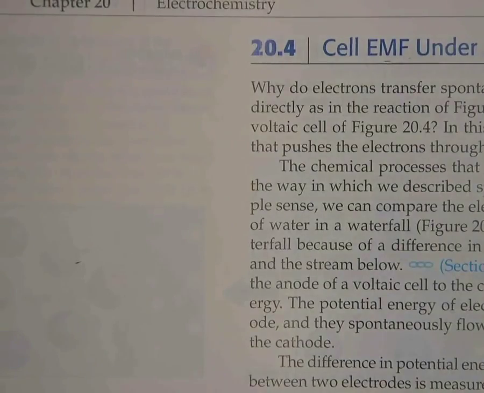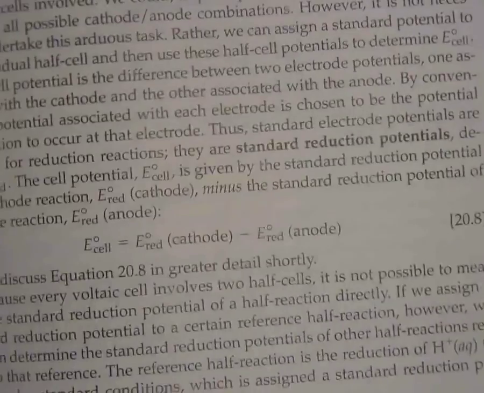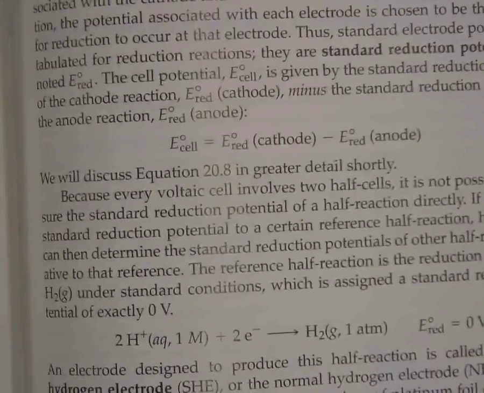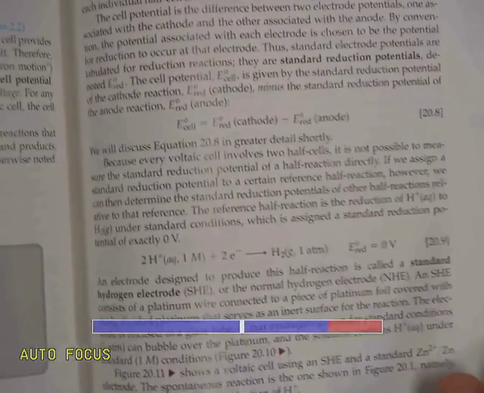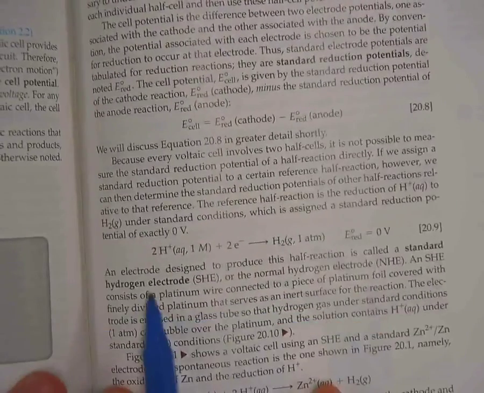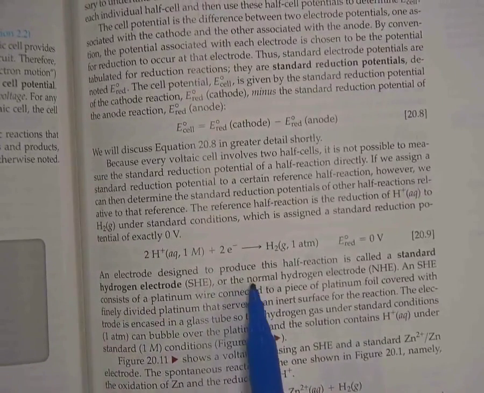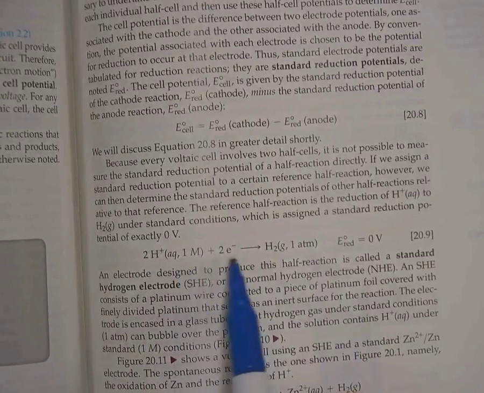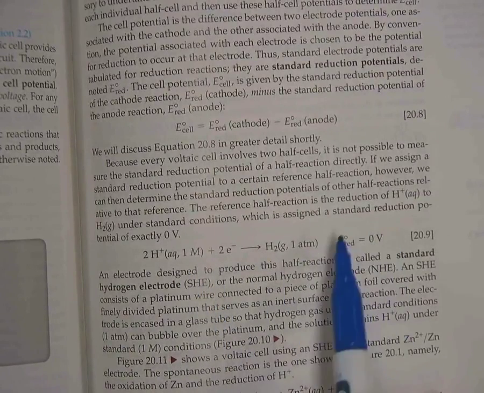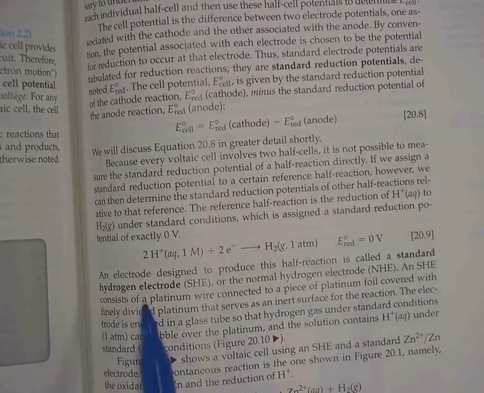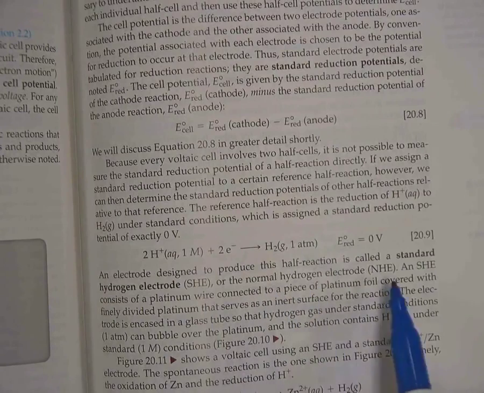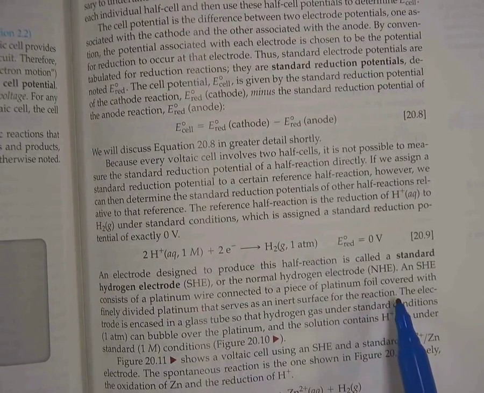So the standard hydrogen electrode actually has some stuff written about it on the page before. If you want to read more about it, it's right down here, and it talks about an electrode designed to produce the half reaction known as the 0 voltage reaction. It's called the standard hydrogen electrode SHE, or normal hydrogen electrode NHE.